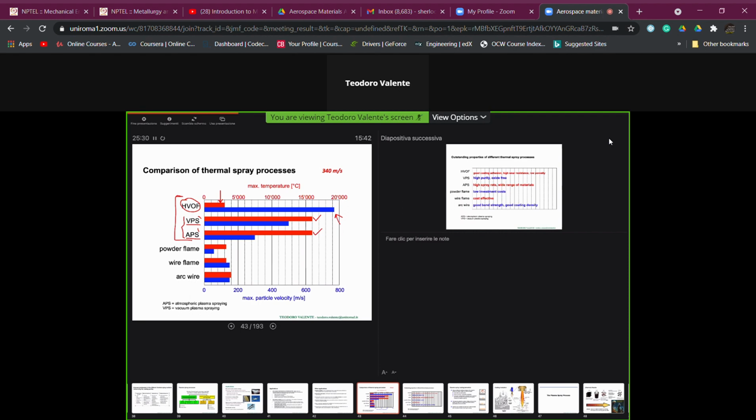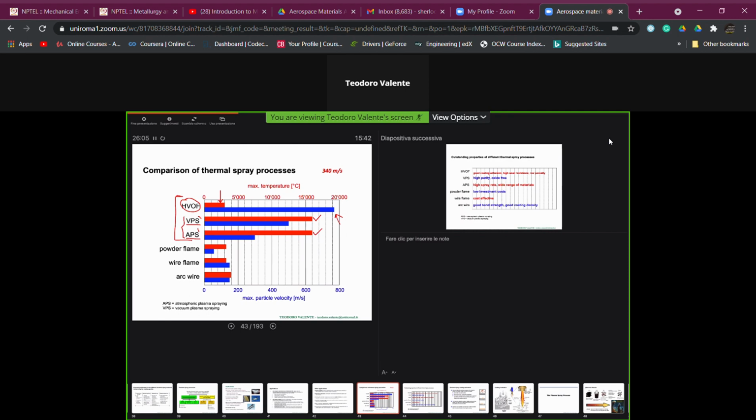Even though, for example, we use the same torch, the same plasma gases, and the same powders with the same initial shape and size, that is granulometry, in the case of VPS we can experience higher particle velocities, because the plume coming out from the gun meets no resistance, since we have made a vacuum.